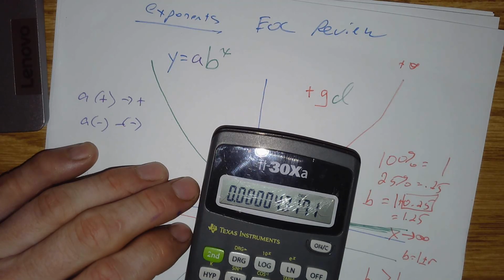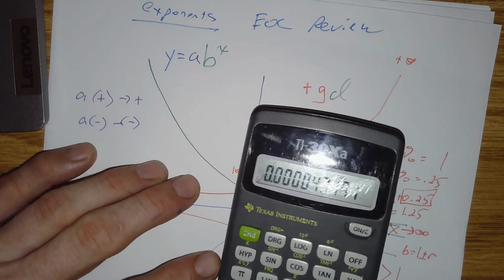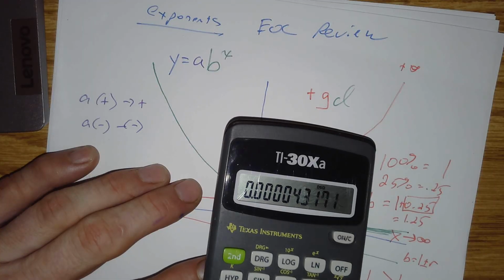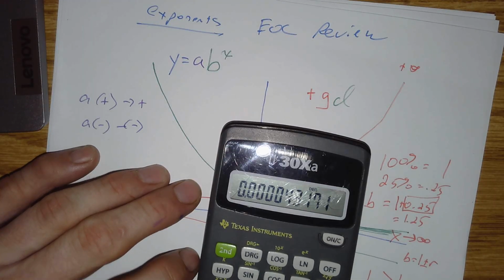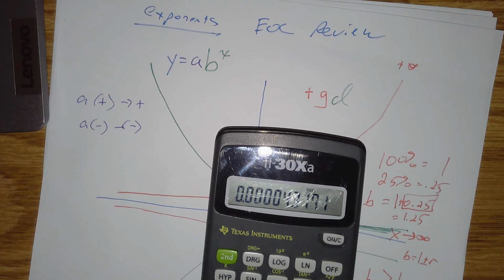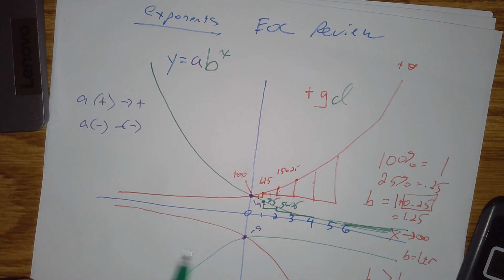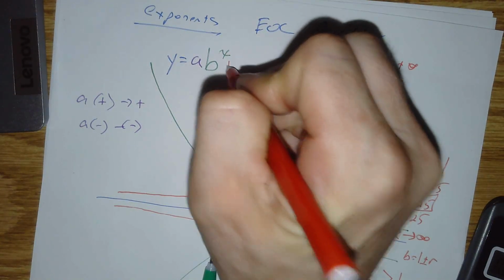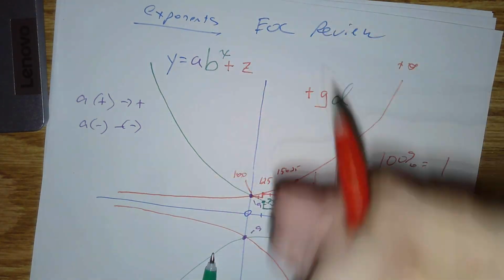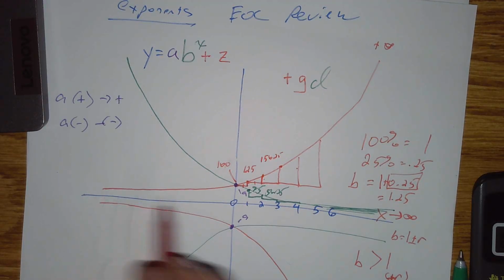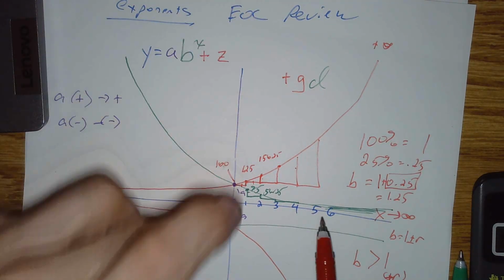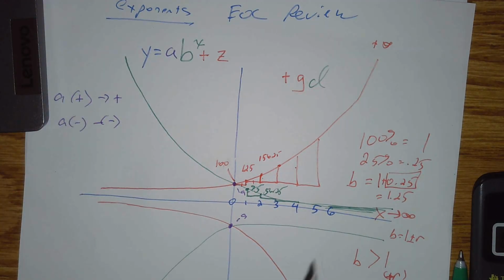Even just taking 1% off each time, after 1,000 it's almost 0, right? So it gets closer and closer and closer to this asymptote. The asymptote, by the way, is represented by plus, we'll call it z here, right? That is the asymptote. So if I want to shift everything up, the asymptote shifts up and down.